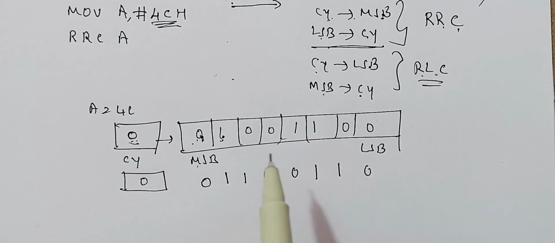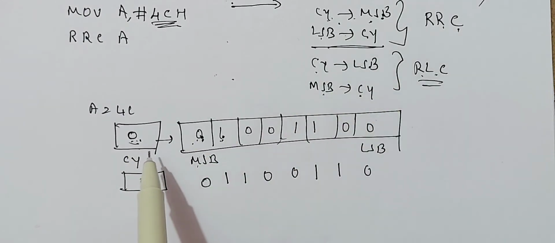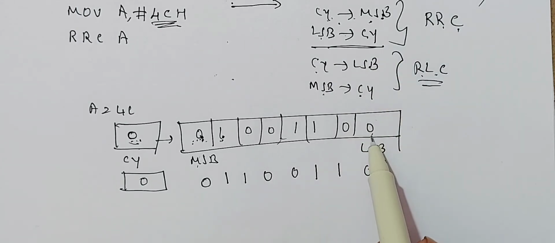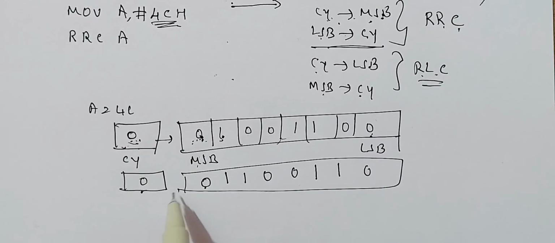Therefore, just write carry equals MSB. So, carry equals MSB. Next, LSB equals carry. LSB is 0. That will go to carry. Carry is 0. That will go to MSB. So, this is the operation.